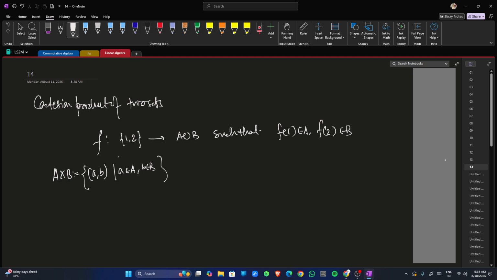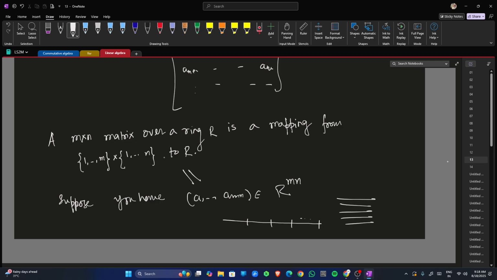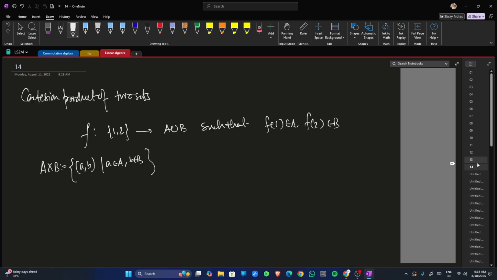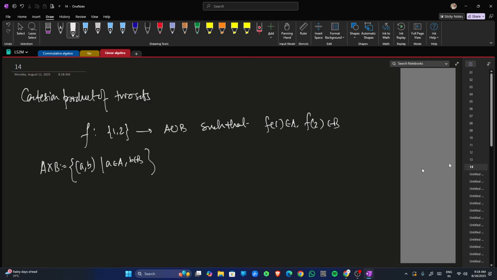Formally we can write them like that, but the actual definition is this. So what we are doing is m number of elements cross n number of elements, so basically a cardinality of mn sets. You are giving a map from this to this. It is the Cartesian product, R power mn, and these two are the same thing.